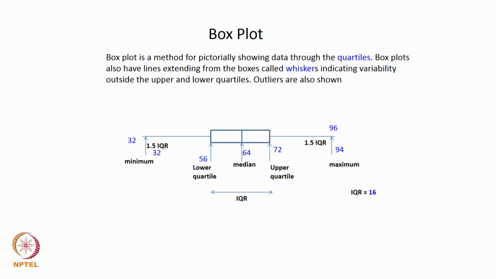Similarly, on this side we can have situations where the minimum is still lower than the 1.5 IQR point on the other side, and there could be points which lie beyond it, and they are all called outliers. All the points that lie between the upper quartile and the end, in this case the maximum, or in some other case 1.5 times IQR, whichever is smaller, are called whiskers.